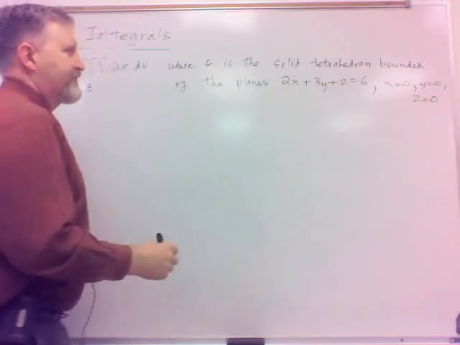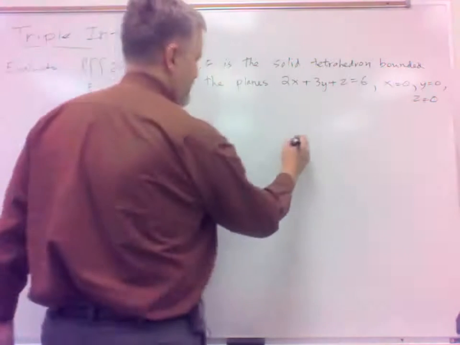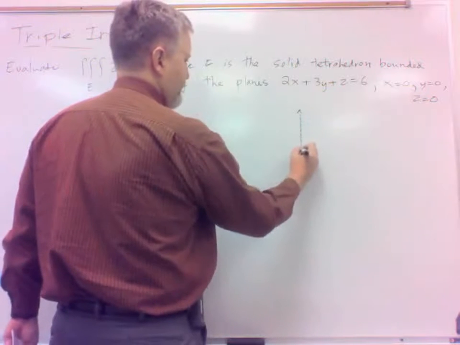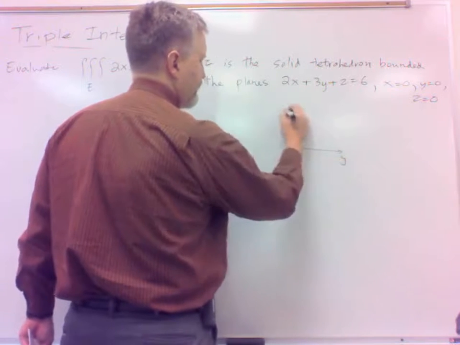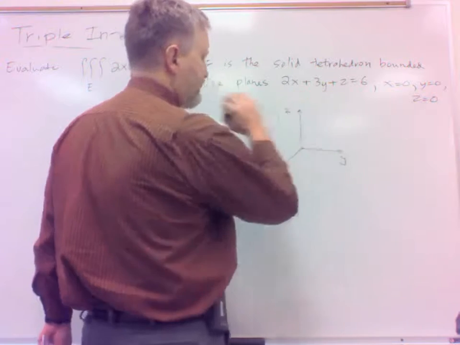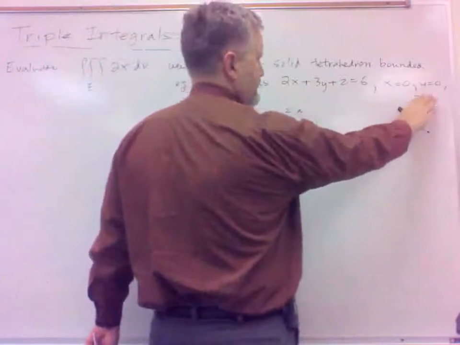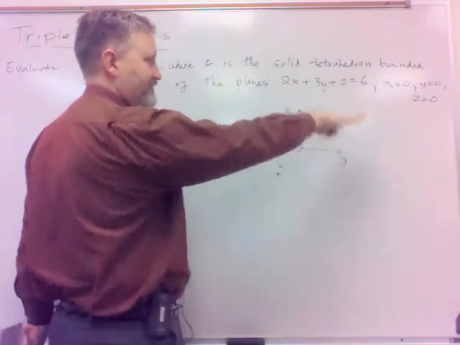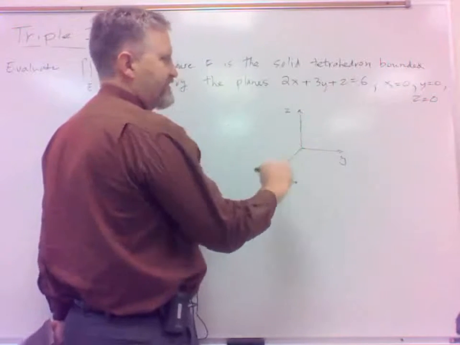All right. So it might sometimes be helpful to draw at least some part of the region we're integrating over. This is just going to keep us in the so-called first octant, where everything's positive.